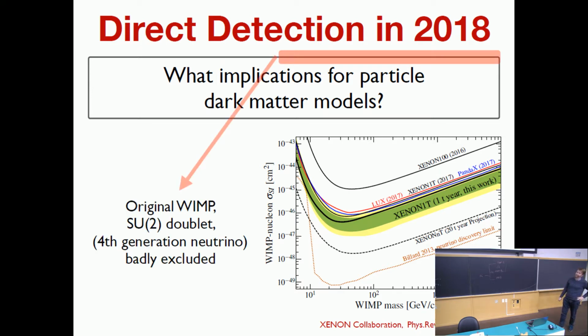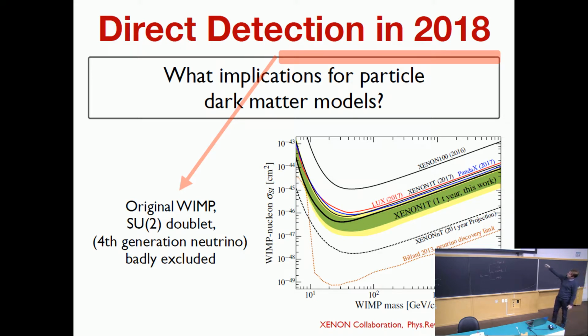WIMPs were suggested in the 70s, and the W of WIMP stands for weakly. And at that time, weakly was really weakly in the sense of weak interactions. So a typical WIMP candidate was some new degrees of freedom charged under the weak interactions of the standard model, for example, like a 4th generation neutrino, so a particle exactly like the neutrino, but with a much higher mass, a mass in this range.